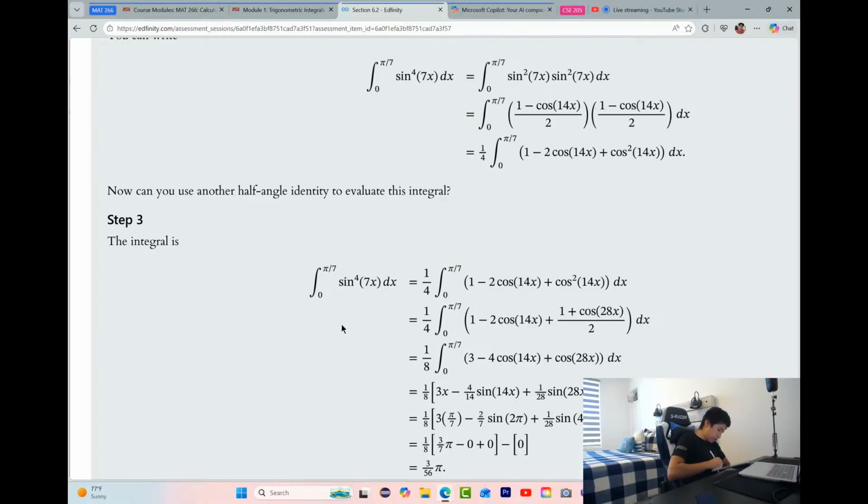So we have 1/8. We take out the 2, we get 1/4 outside the integral.